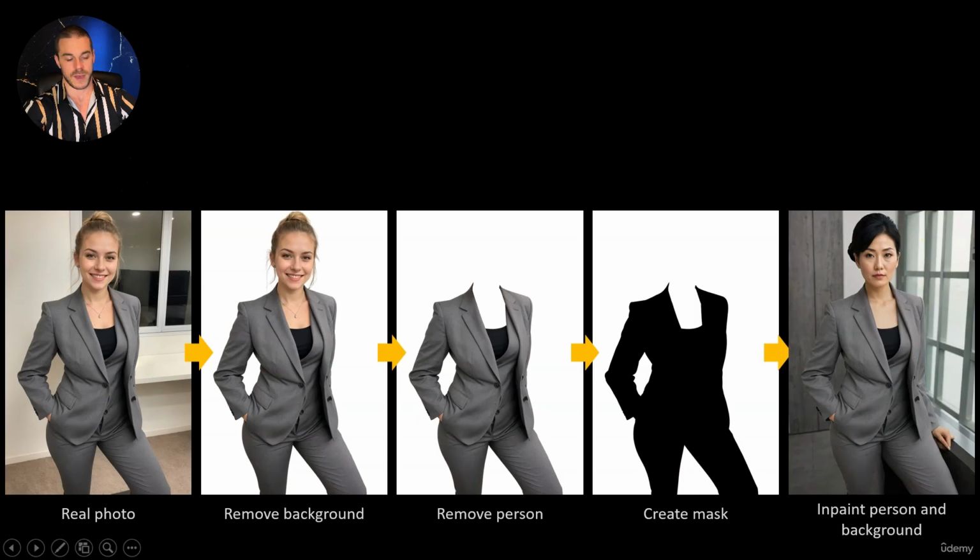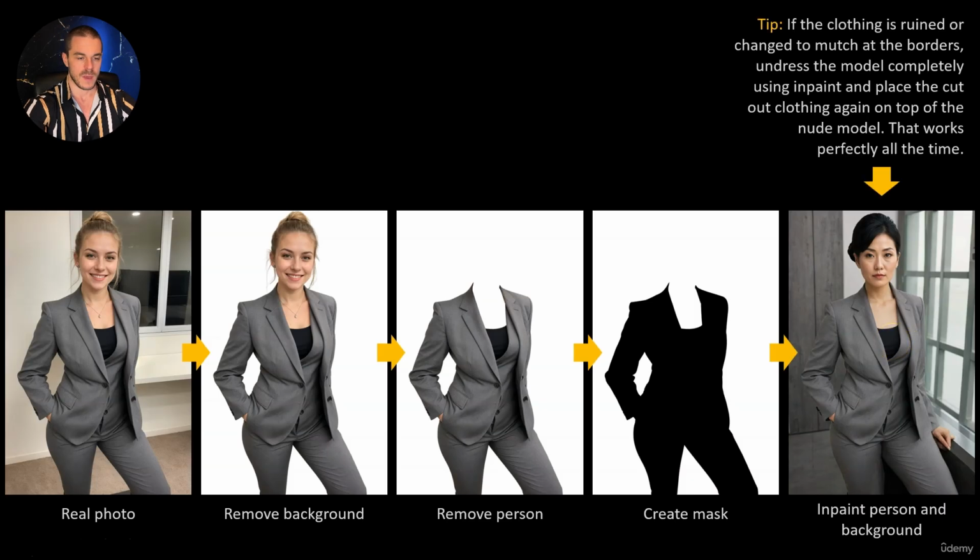And I will show you that in a minute on my screen, live in Fooocus, how it actually works. But there's one more trick. In case that after the inpainting, you get somewhat weird results, or the edges are not perfect, or just the outfit doesn't match too well, there's one more trick. You can basically just undress the complete model using inpainting, drawing over the body and saying, for example, naked female body.